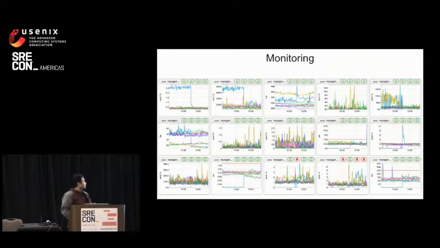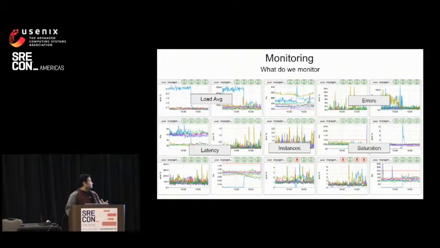This brings us to the monitoring part: how do we monitor? We have lots of things to monitor in each component, and we define them by the methodology of the Google SRE book. We look at load, and at errors, such as 500s, 4XX, and timeouts.